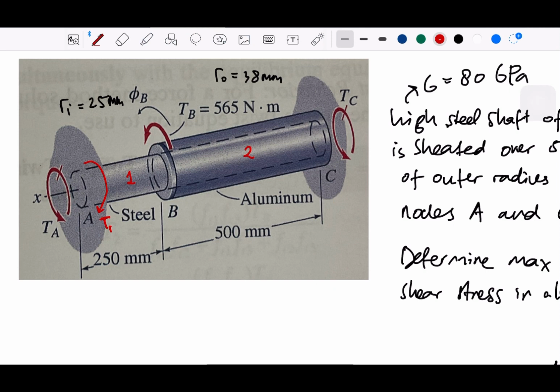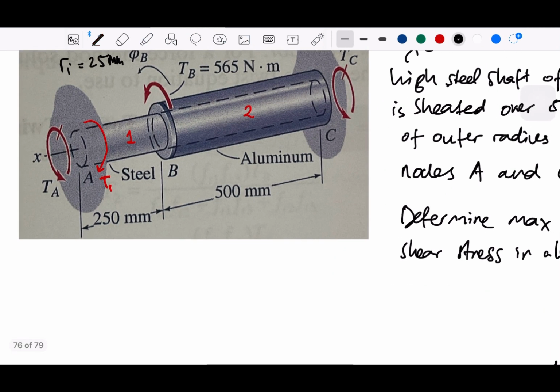All right, now we can write based on this part for node A. For node A, we have TA minus T1 equals 0, or TA equals T1.